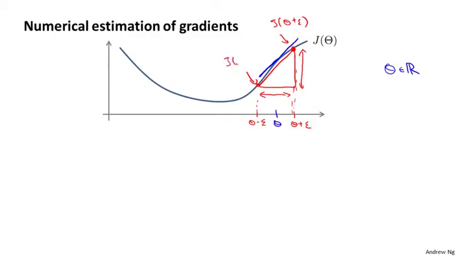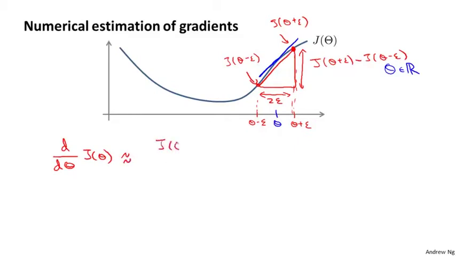This point here is J of theta minus epsilon. So this vertical difference is J of theta plus epsilon minus J of theta minus epsilon. And this horizontal distance is just 2 epsilon. So my approximation is that the derivative with respect to theta of J of theta at this value of theta is approximately J of theta plus epsilon minus J of theta minus epsilon over 2 epsilon.